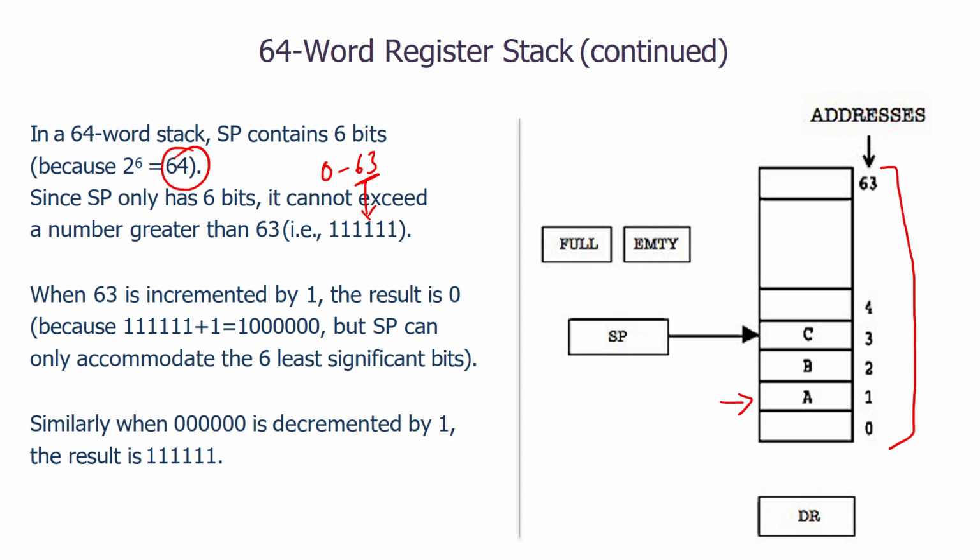Because when I add 1 to 111111, it will become 1 and then 6 zeros, but my capacity is only of 6 bits. My SP is having a size of 6 bits because of a 64-word stack. Hence, this one will be discarded and SP will be back to 0. Similarly, if my SP is 000000 and it is decremented by 1, my SP will result into 111111.